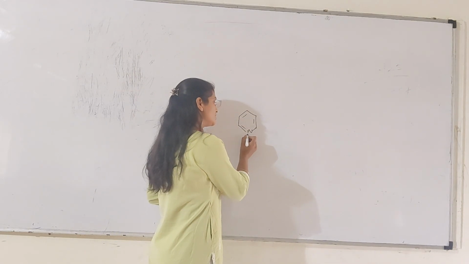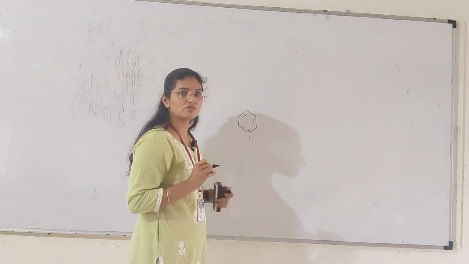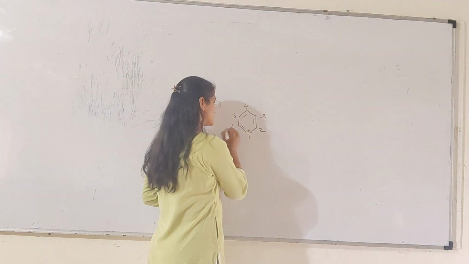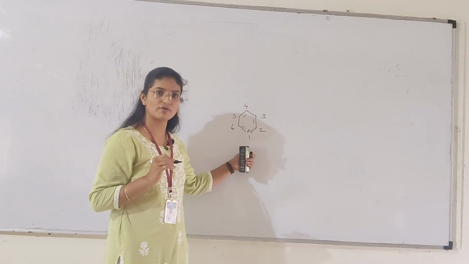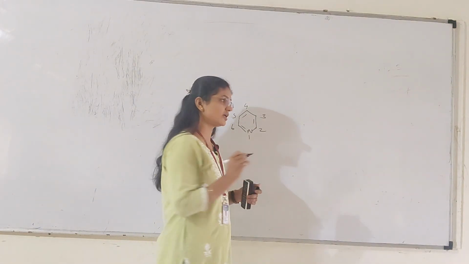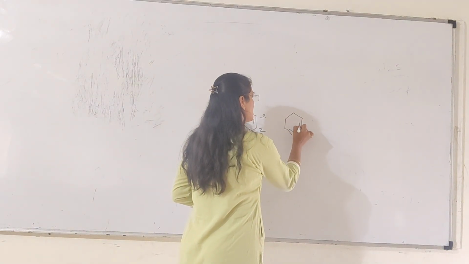In this structure nitrogen is the heteroatom, so give number one to nitrogen, then second, third, fourth, fifth and sixth. This is the anti-clockwise method. If your compound contains only one heteroatom, then clockwise or anti-clockwise, both methods are correct.